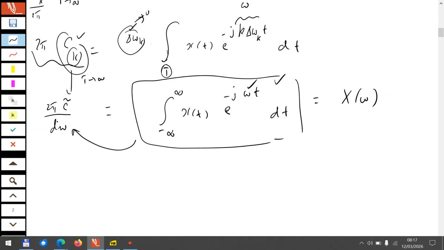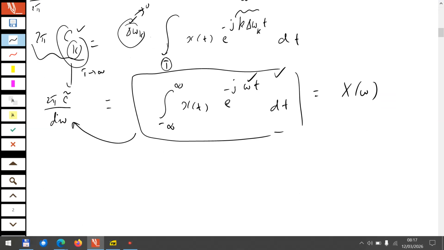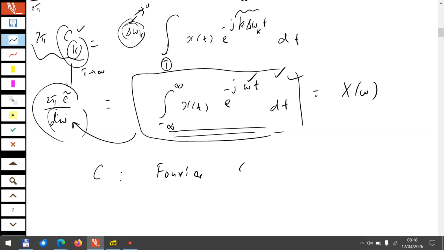That is why what we did here, this d omega has to be moved to the other side. Only then can you have a quantity which you can plot. But here we change the meaning. This c was the Fourier coefficients. And remember what was the meaning of the Fourier coefficient?